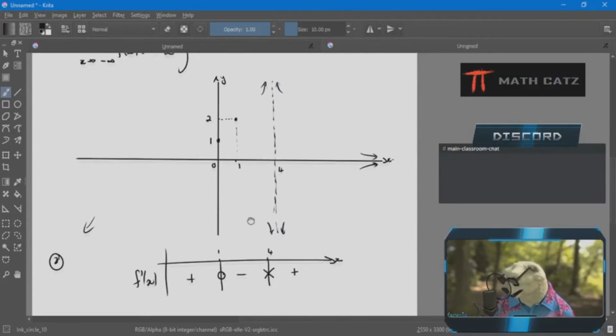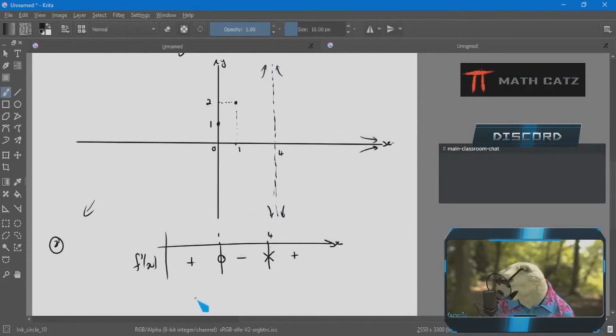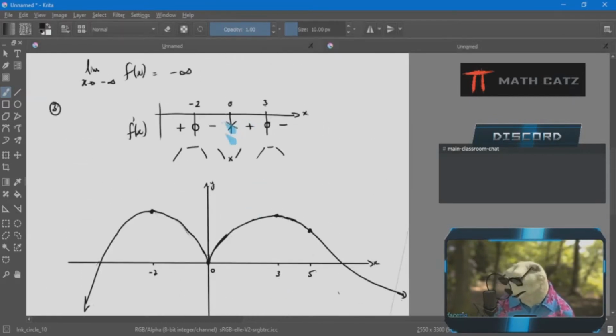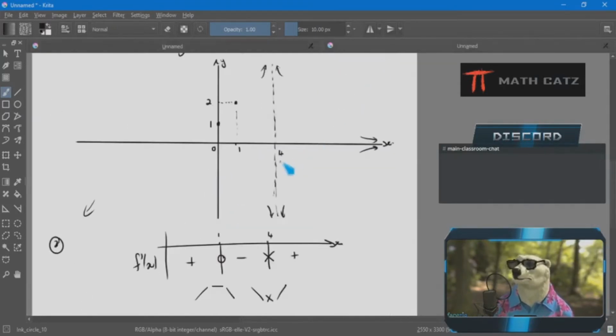Okay. So I have an upslope, horizontal tangent, downslope, downslope, downslope, bad times, upslope. Bad times for a different reason this time, right? This looked very similar, yet I had a vertical tangent line because the function was defined.